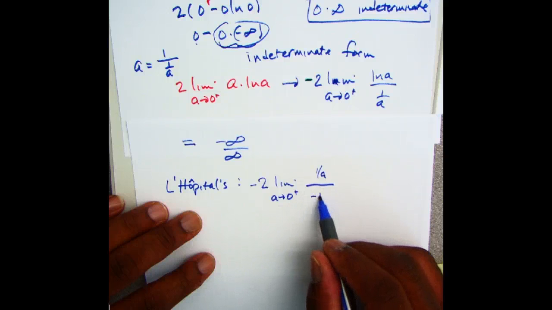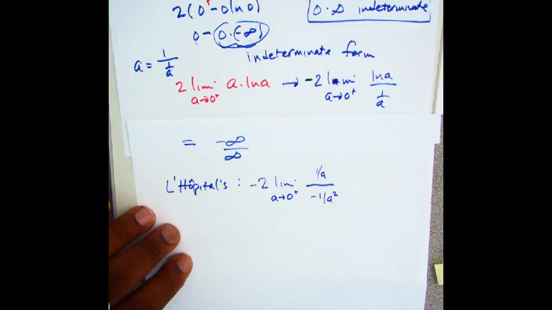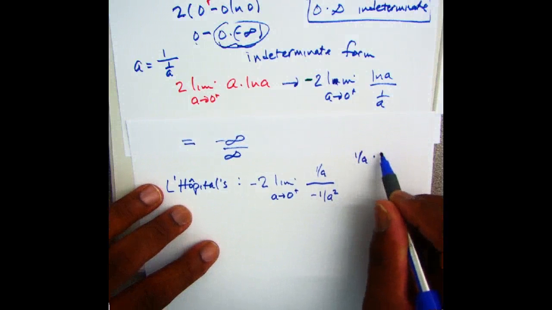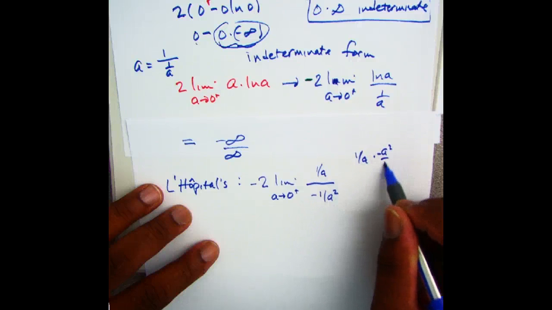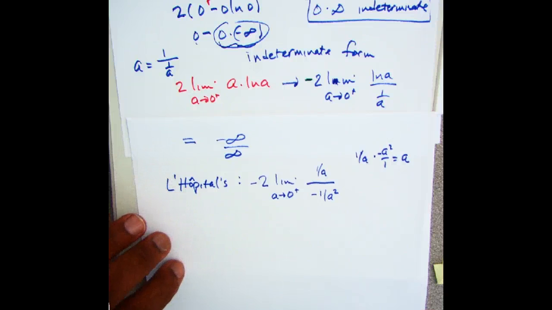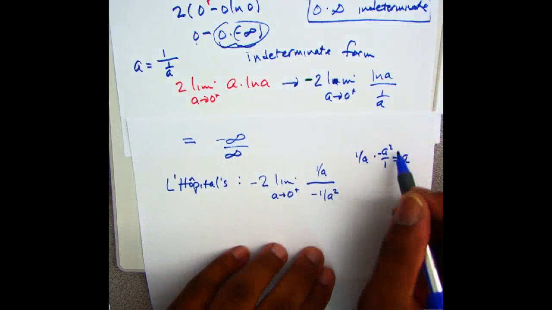That's negative 1 over a squared. So we have 1 over a divided by -1 over a squared. Well, that's 1 over a times -a squared over 1, which is just -a.